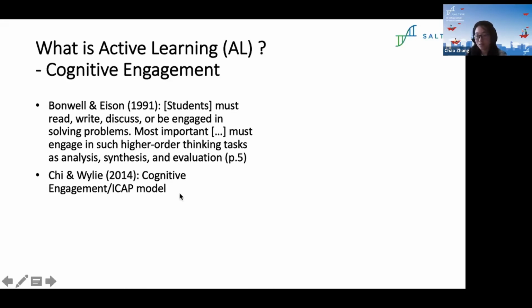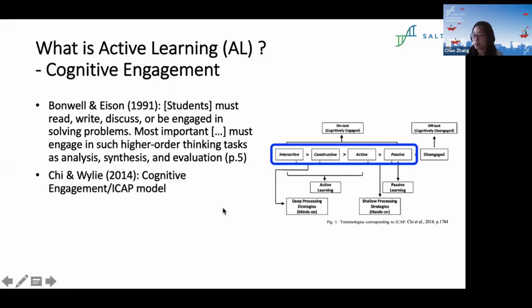But what does it really mean by active? Chi and Wiley, prominent researchers from the learning science and cognitive science fields, brought this idea about cognitive engagement. They were trying to link the education research community and the active learning community, to say, okay, what do we mean by active learning?